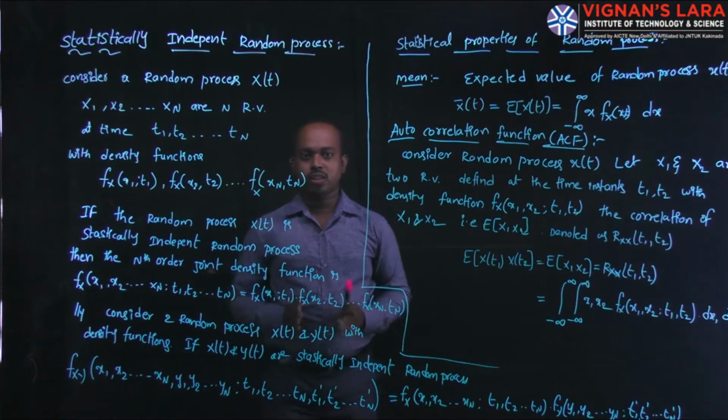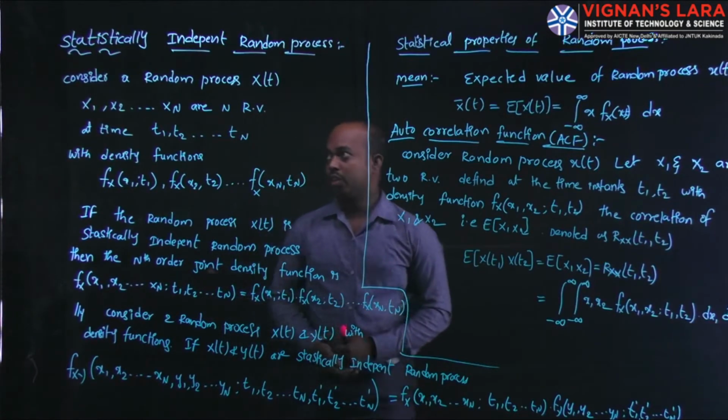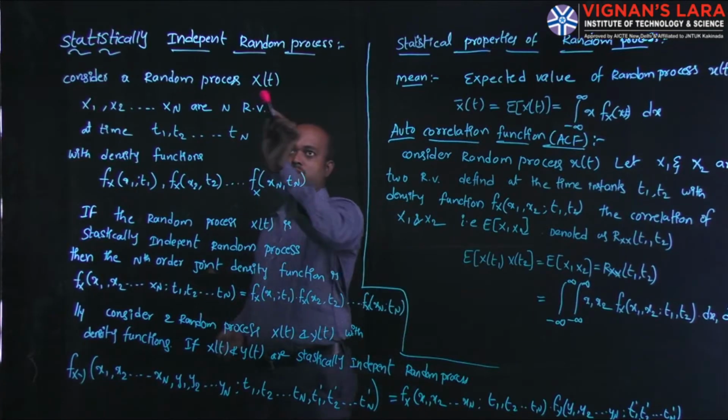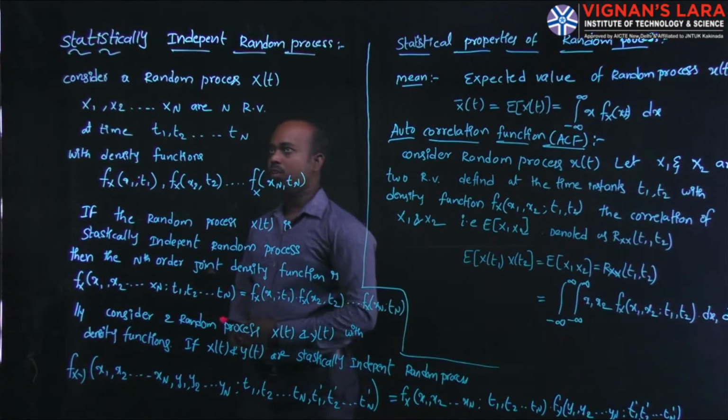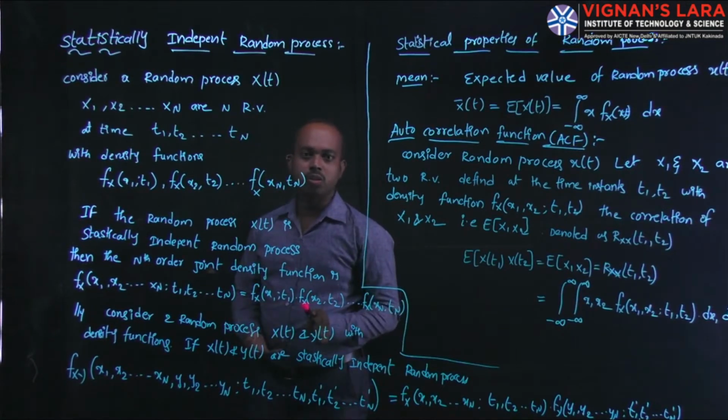I will take this condition and show how to write the random process function. Here you can consider a random process x of t. The random process x of t has random variables at time parameters.